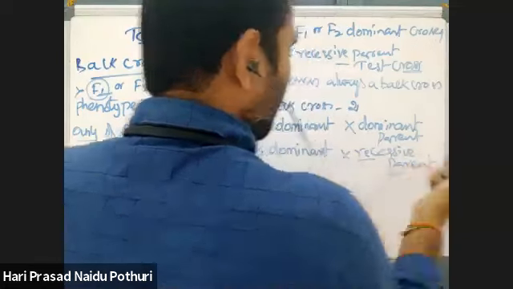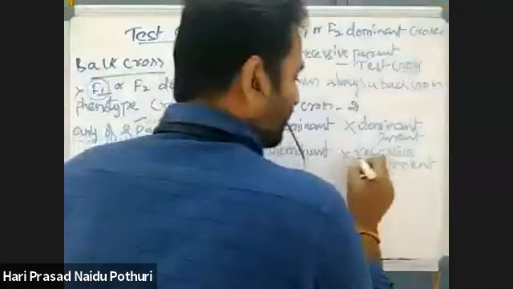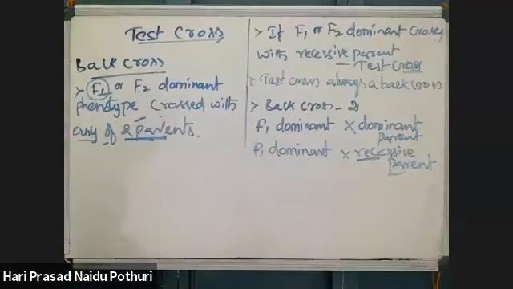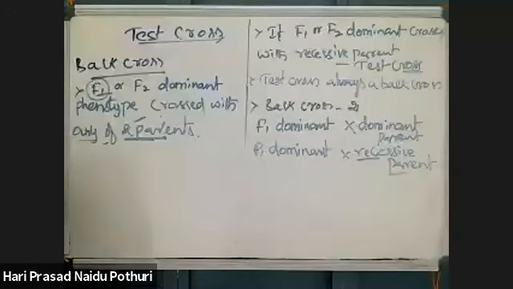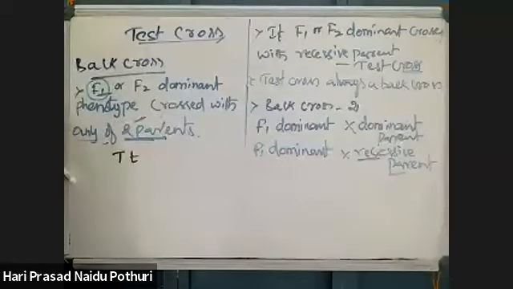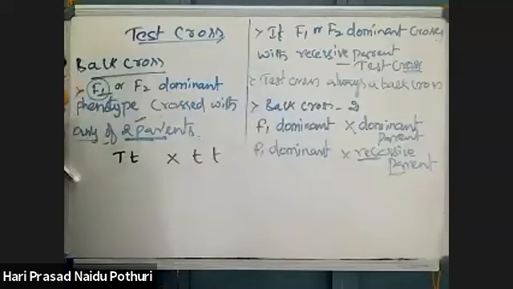But the recessive parent cross is what we call the test cross. Why do we take only the recessive parent? Normally, F1 or F2 dominant, if crossed with the recessive parent, is called a test cross.